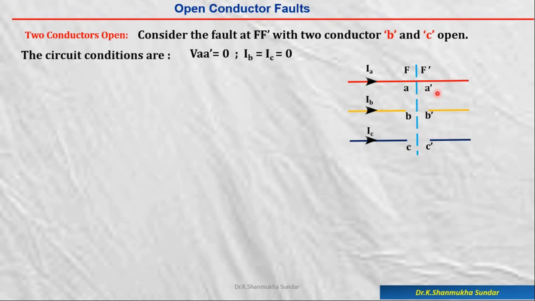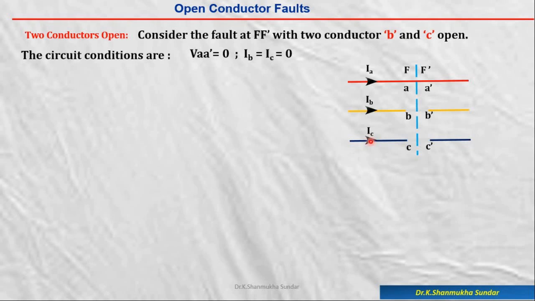So between these two conductors we should remember. But when you consider the current, it is only a single suffix: IA, IB, IC. So in open conductor faults, the line currents and series voltages between open conductors are required to be determined.